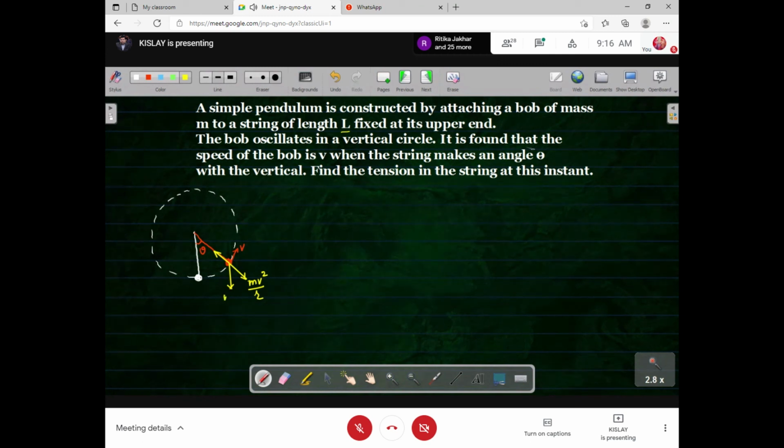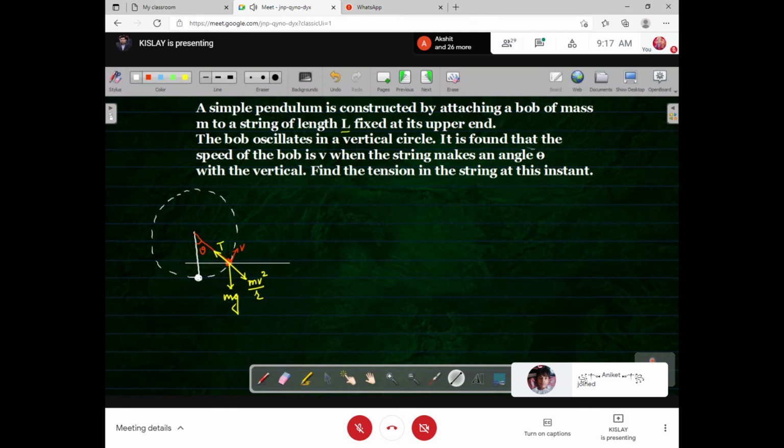Here it is mg, and here it is T. Just try to find the tension. See, how can we solve this question? I'm drawing the axes along this. Let's say this is the x-axis and this is the y-axis.